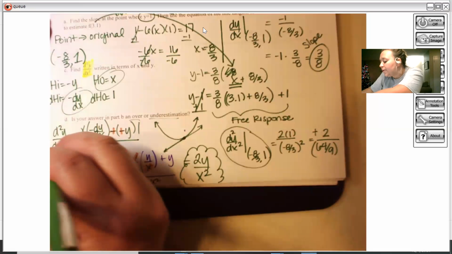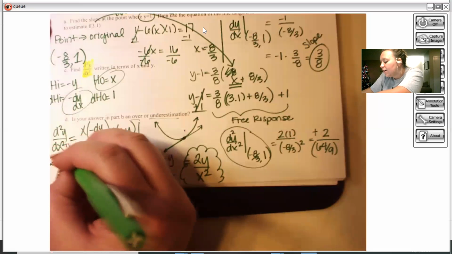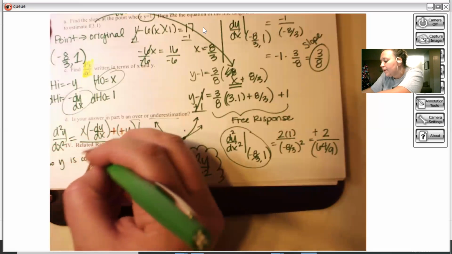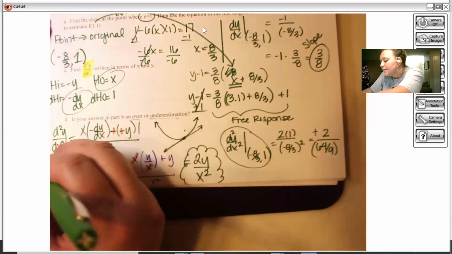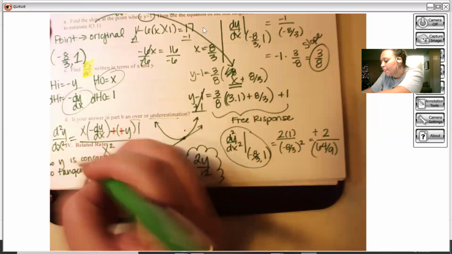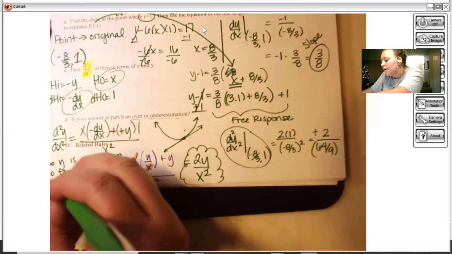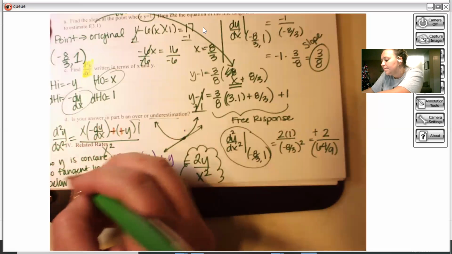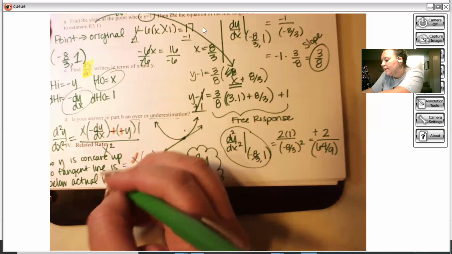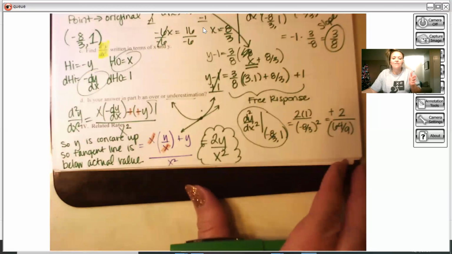Okay, so y is concave up. So tangent line is below actual value. Now again, how do I know y is concave up?